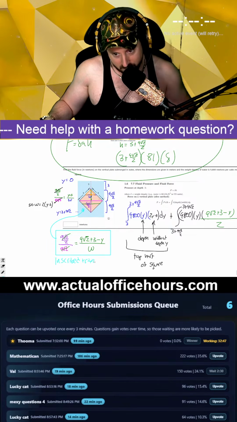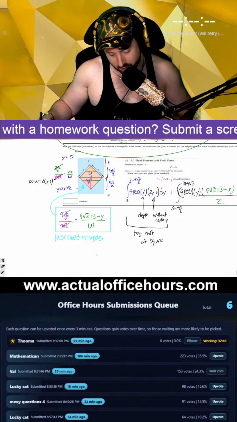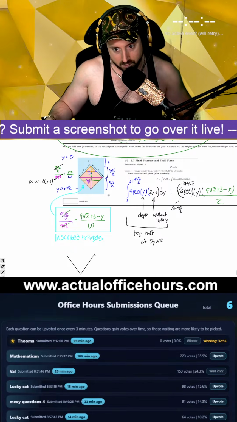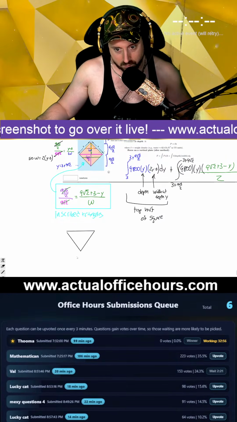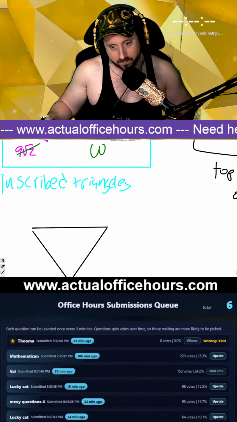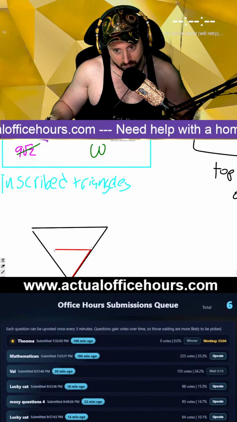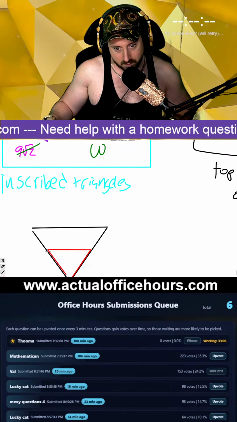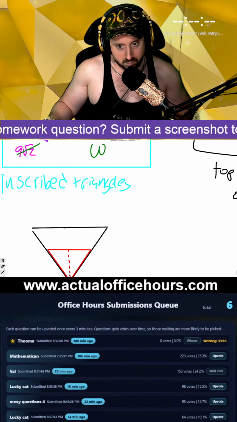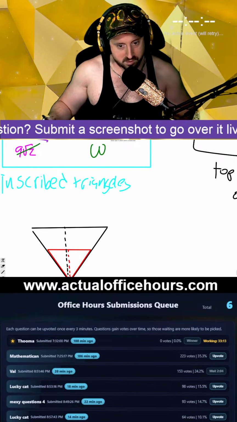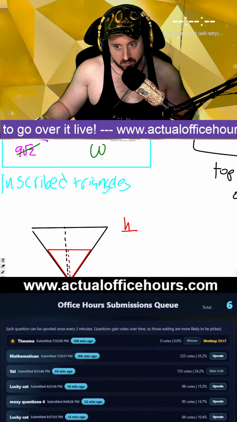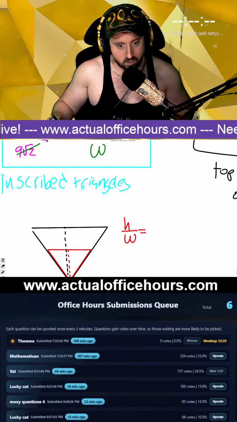What inscribed triangles tell you is, if you have two inscribed triangles like this, the ratio of their sides is the same. So you say height over width has to equal height over width.